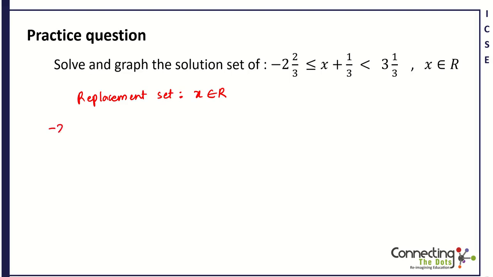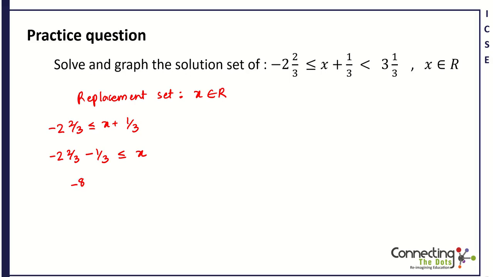Take the first inequation, 2 and 2 by 3 less than or equal to x plus 1 by 3. Subtract 1 by 3 from both sides. You get 2 and 2 by 3 minus 1 by 3, that is 2 and 1 by 3, is less than or equal to x, because we have subtracted 1 by 3 from both sides.